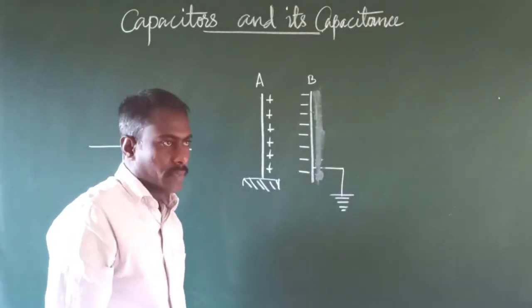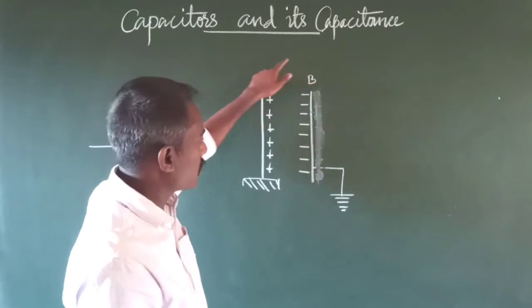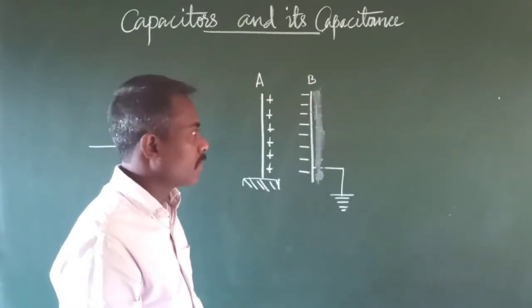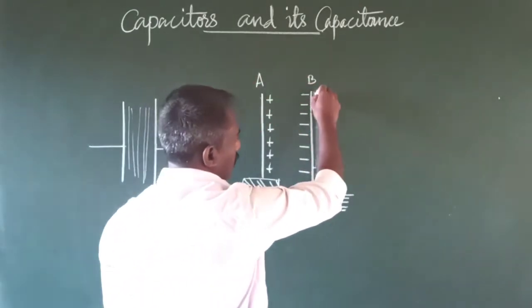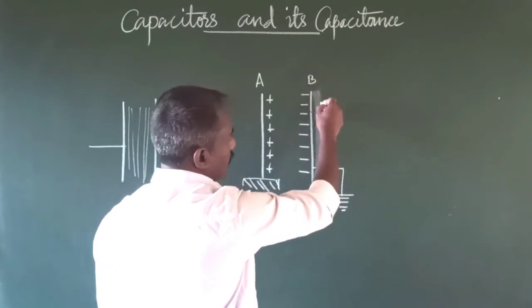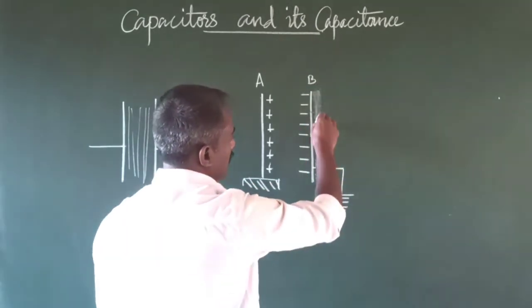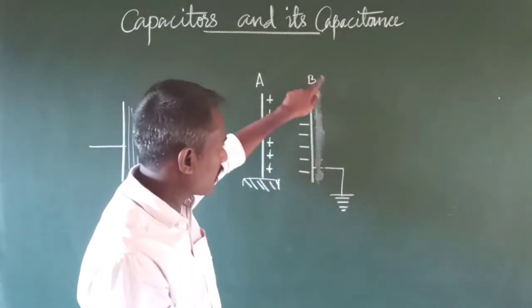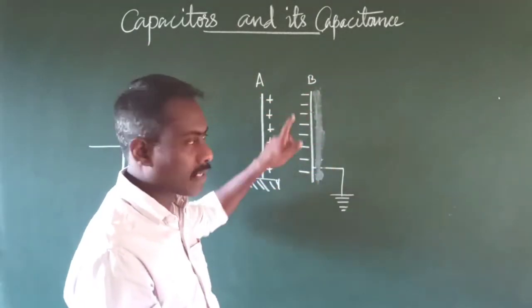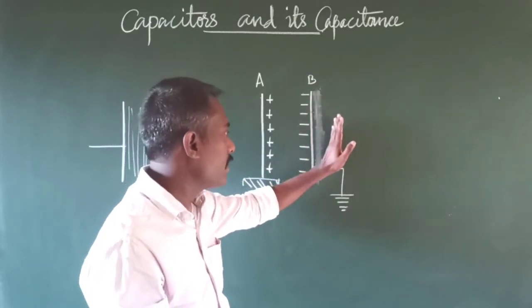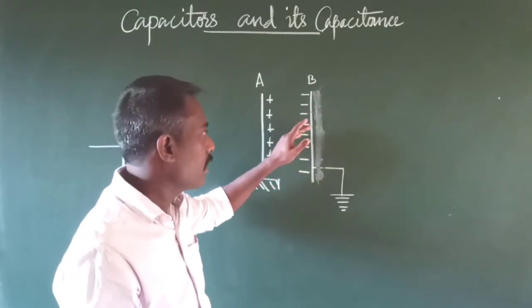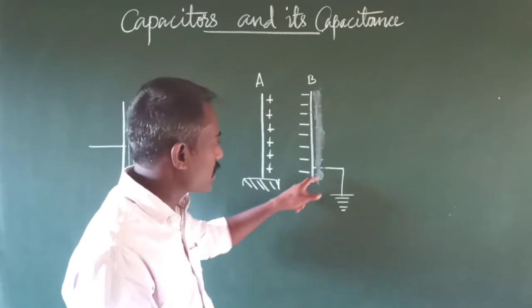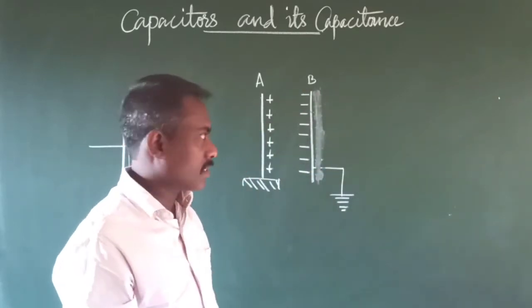Assume conductors A and B. Since negative charge is present in conductor B, there will be a negative potential around conductor B, and when B is brought near conductor A, there is a negative potential around these two conductors.